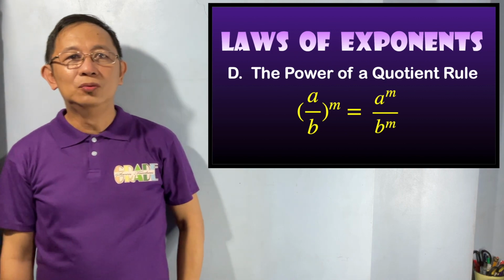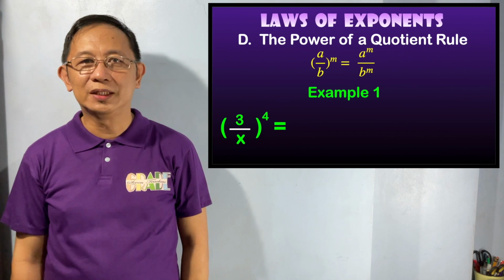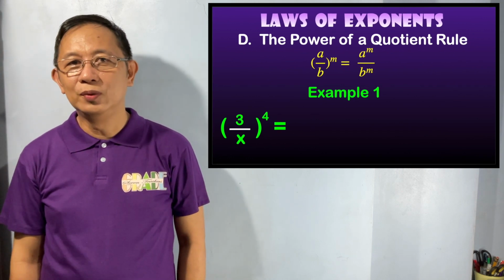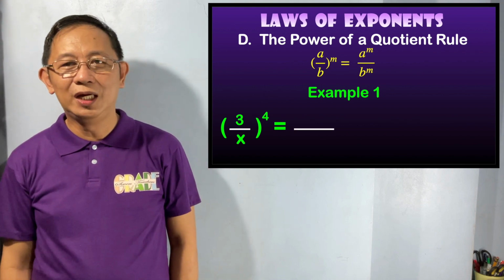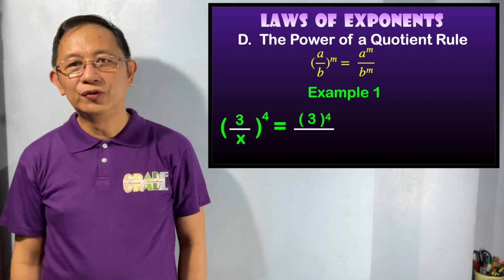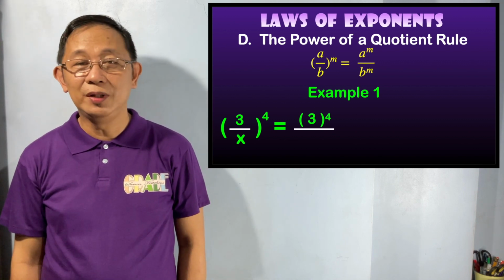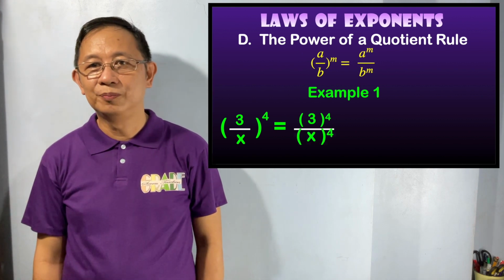Example number 1. Quantity 3 over x raised to the 4th power. So you will share 4 to 3, so it becomes 3 to the 4th power. And share also 4 to the denominator, which is x, so it becomes x to the 4th power.